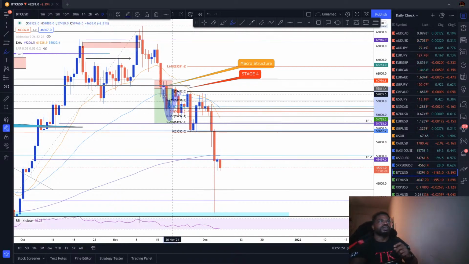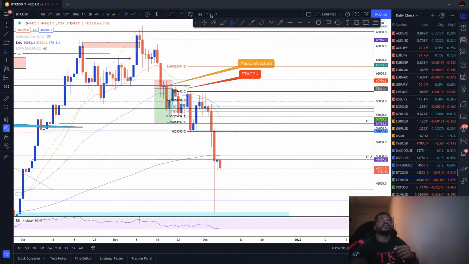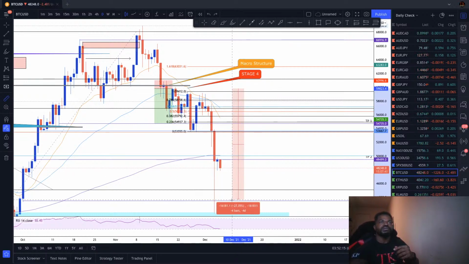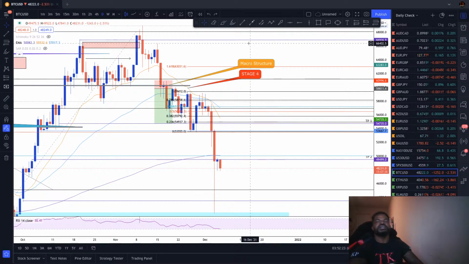On that area, after it broke, this would be considered a break and retest strategy. We entered in the sale after the retest, and price continued to move to the downside to hit all of our TPs. Very nice setup. We came up on 16,000 pips with this sale. So that's a pretty nice move.